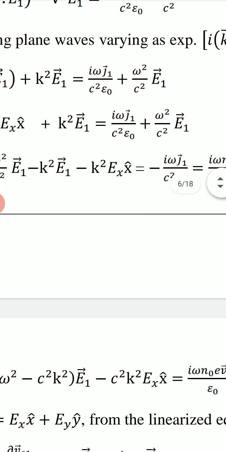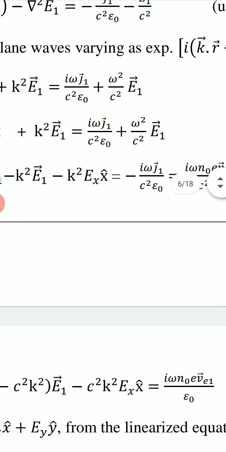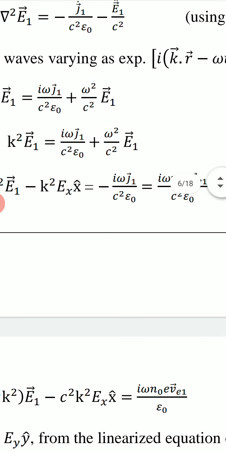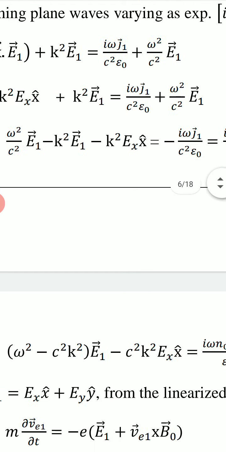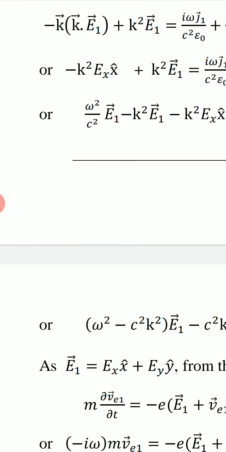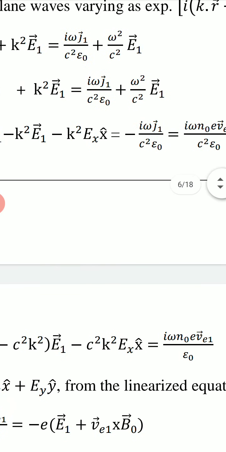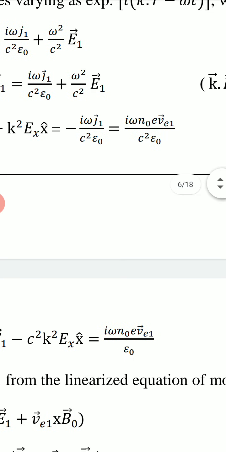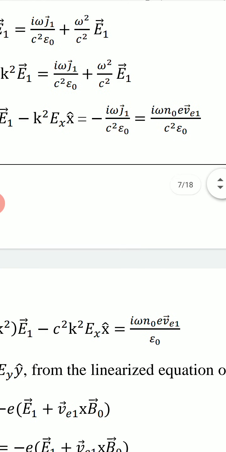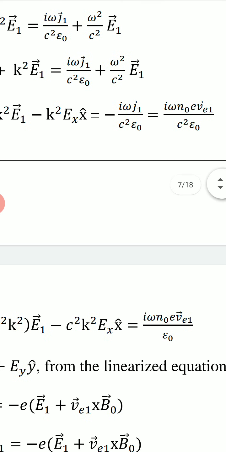Then the second term is plus k square E1 vector, and in the right hand side we write these terms as it is. Now bring the term of E1 vector from the right hand side to the left hand side.